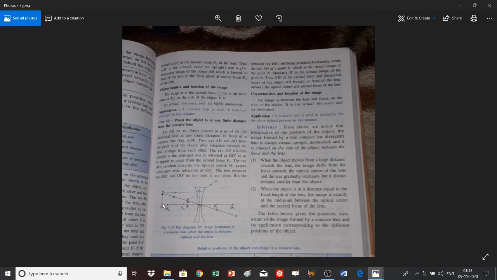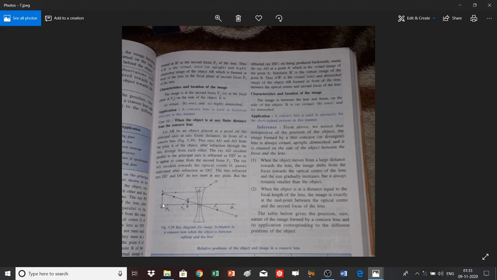So just to recall, in the case of a convex lens, in all cases, if the object is taken on the left side of the lens, the image is formed on the right side, except one case.